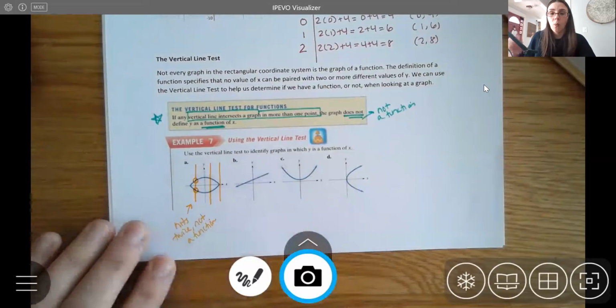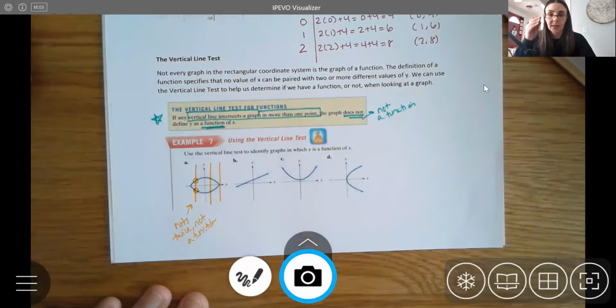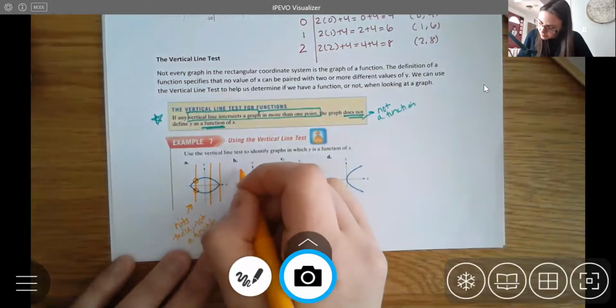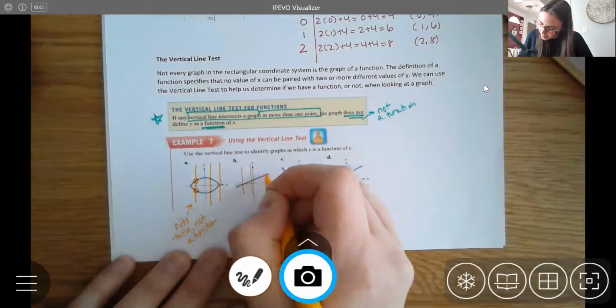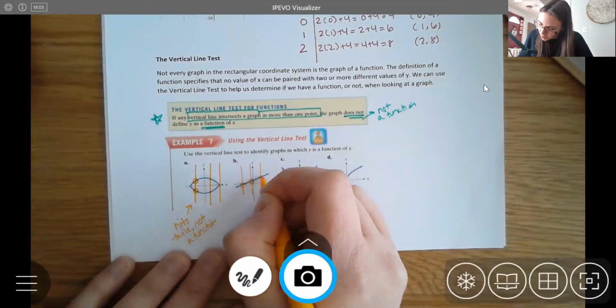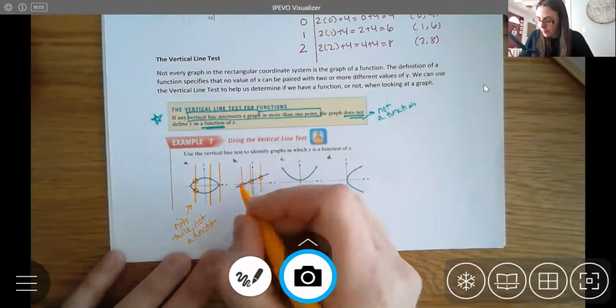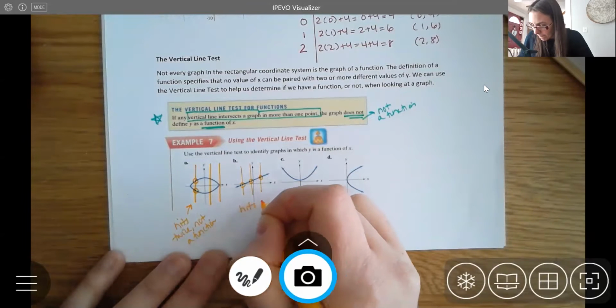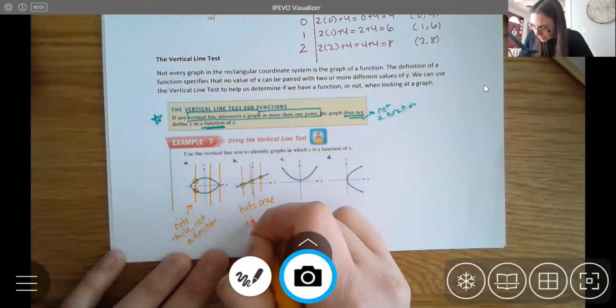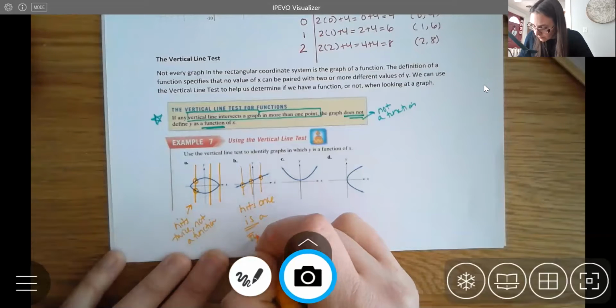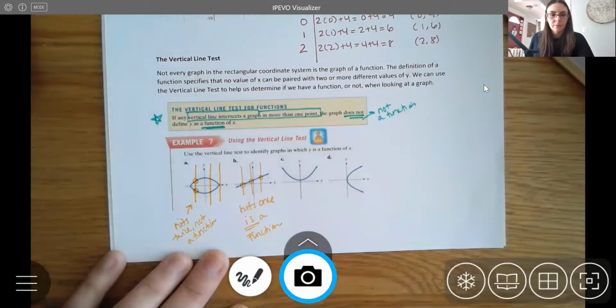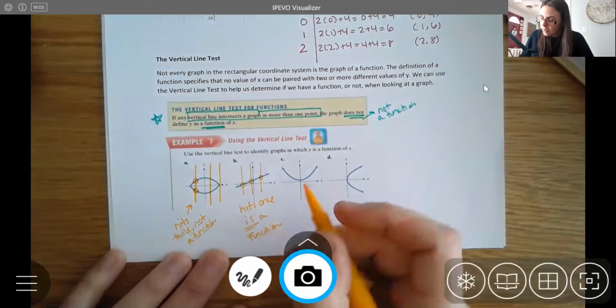And I just have to have one vertical line that hits twice. Doesn't have to occur all the time. If it happens one time, then that's it. If I try to do this line, again I'm looking at the blue line, every time I draw my line, it only hits one time. So this is a function. Same thing here.